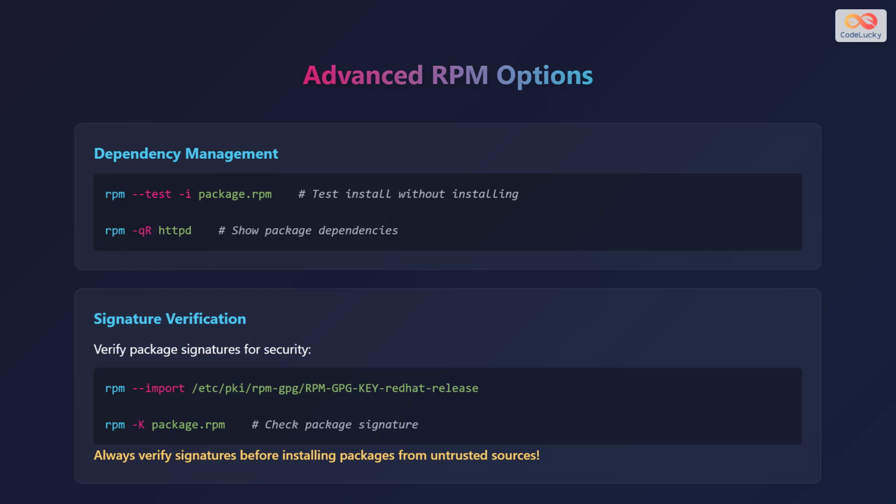First, import the key using rpm --import /etc/pki/rpm-gpg/RPM-GPG-KEY-redhat-release. Then, check the package signature by using the command rpm -K package.rpm. Always verify signatures before installing packages from untrusted sources. This helps to prevent the installation of malicious software.